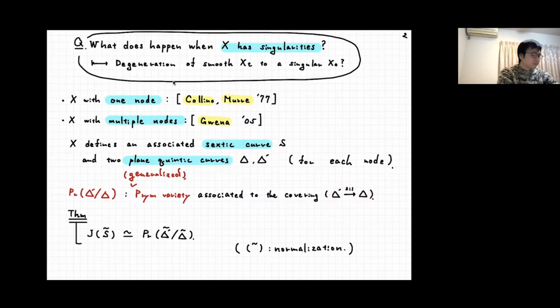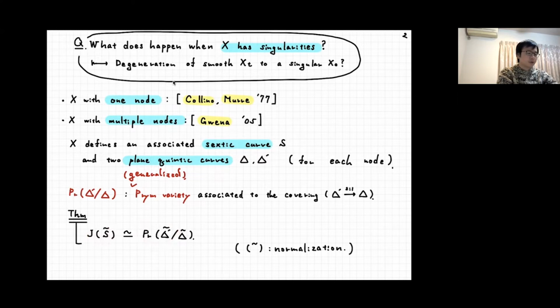We can also consider just the normalization of these nodal curves, delta prime and delta. Then in Collino, Murre, and Gwena's papers, they have shown that the normalizations of S, delta prime and delta can be identified via the intermediate Jacobian and the Prym varieties.